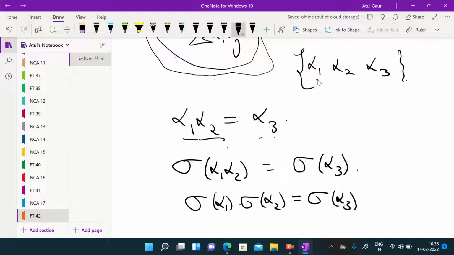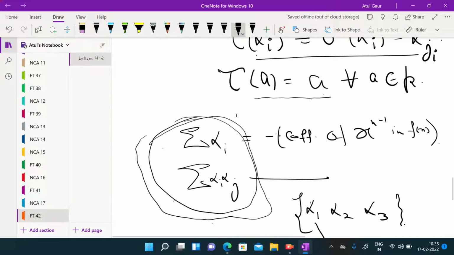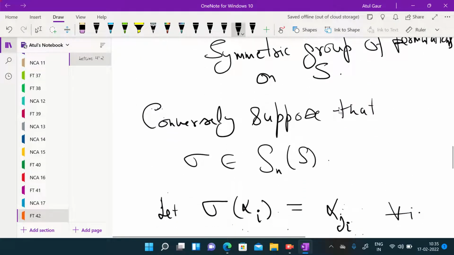So but permutation तो arbitrary है because we started with the permutation first, right?